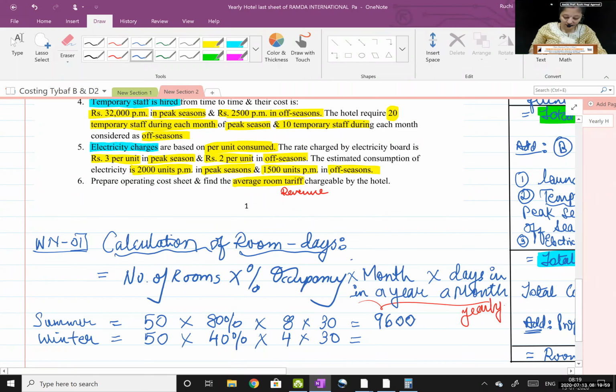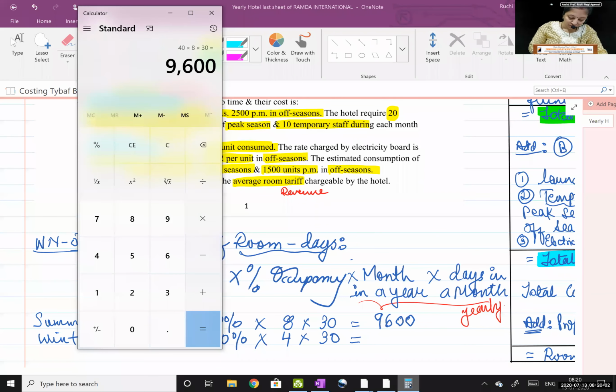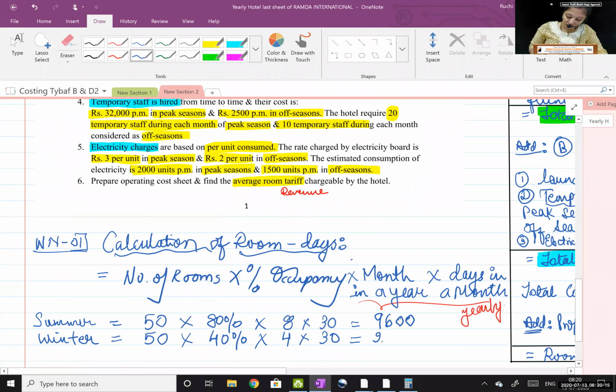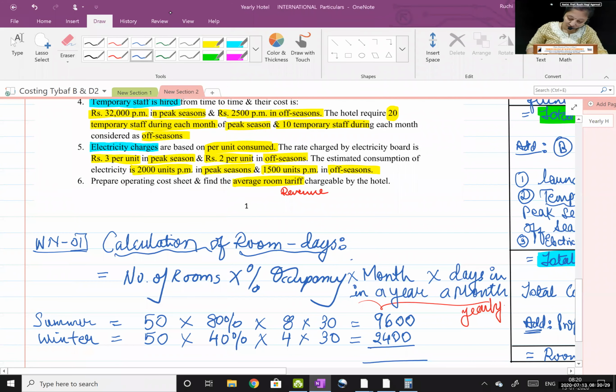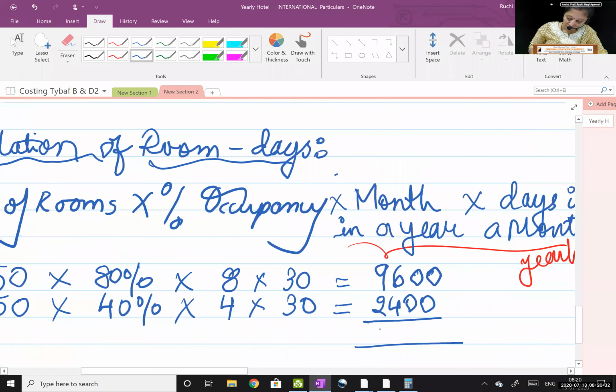Okay, next, 50 rooms into 40% occupancy into 4 months into 30 days. It is 2,400. Total is 9,600 plus 2,400, so 12,000 room days. The answer is 12,000 room days.